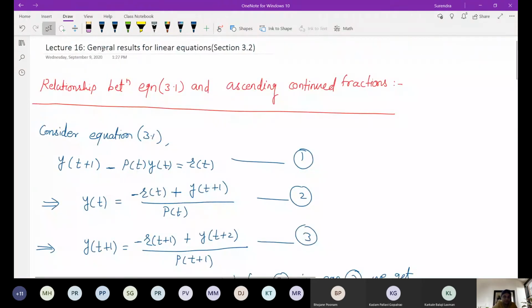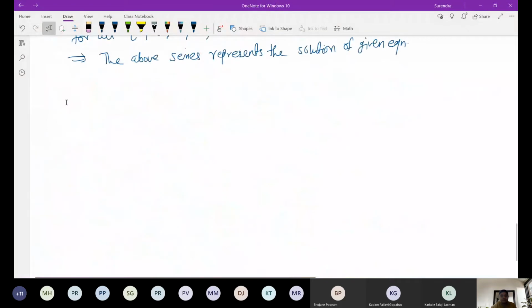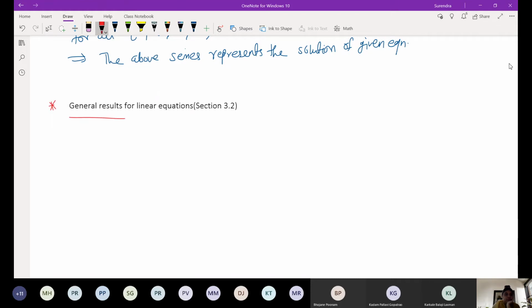Section 3.2, general results for linear equations.